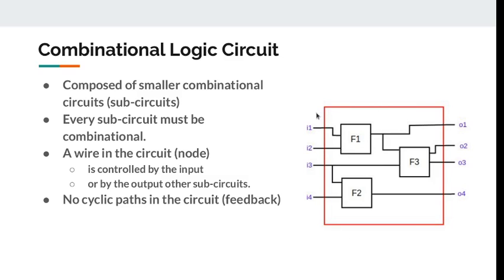So I have this abstraction, and after I have those inside here, I only care about this input and those outputs, and that's enough. So it's one level of abstraction. But if this is a combinational circuit, all the sub-circuits should be combinational circuits as well. Otherwise you're gonna have feedbacks and you have to treat it a different way. So you have to understand and design in a different way.